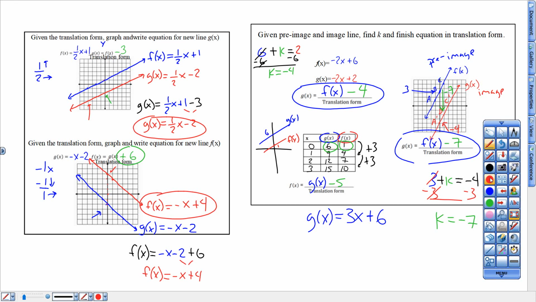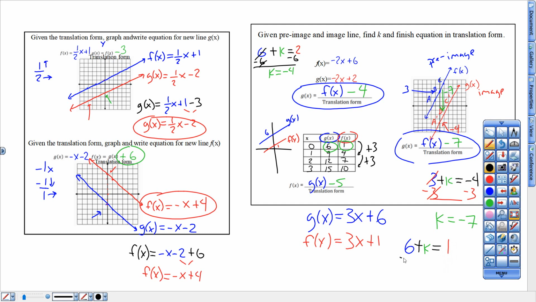That f of x one has that same slope of 3x, but a y-intercept of 1. And then right there, that's where I'm doing the math. But my pen lets me write. Taking this 6 right here, plus that unknown k number for this one, equal to that 1.